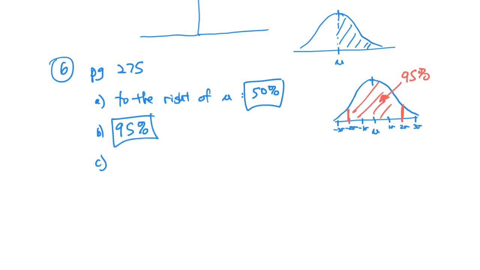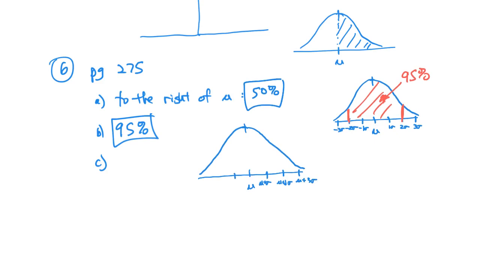Then part C, this one's a little tricky. So if we draw the picture for part C, let me draw this first. So we've got 1, 2, 3, and of course, this is mu plus 1 sigma, mu plus 2 sigma, mu plus 3 sigma.